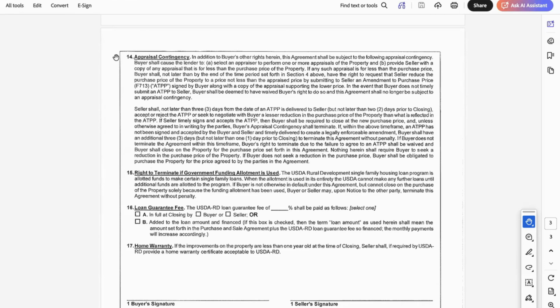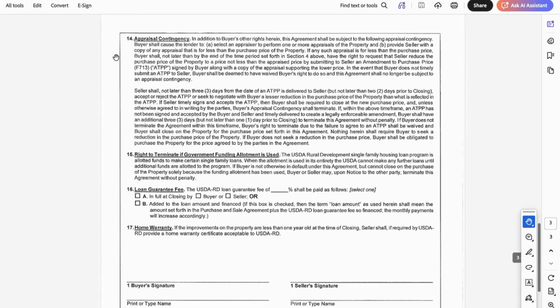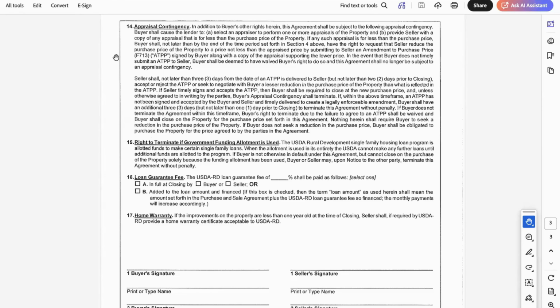If buyer does not submit the amendment to purchase price, the appraisal contingency is waived. Seller response timeline: seller has 3 days, but not later than 2 days before closing, to accept the offer, reject the offer, or counter.